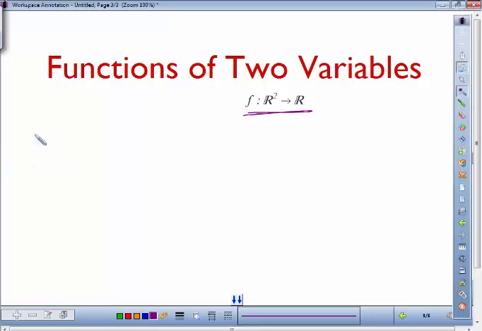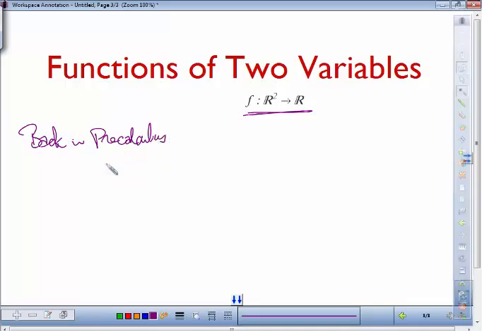So back in pre-calculus, and also in Calc 1 and Calc 2, we had y as a function of x. So we had functions that look like this.